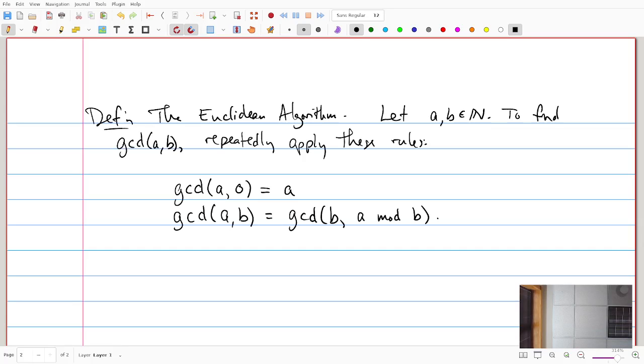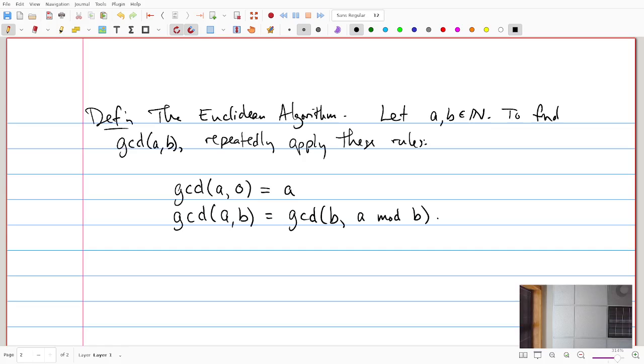And again, the reason that this is a valid definition is that A mod B we know is always smaller than B. So we don't know what will happen to the first thing, but the second thing is going to get smaller every time. Since these are natural numbers, they can't keep getting smaller forever, right?